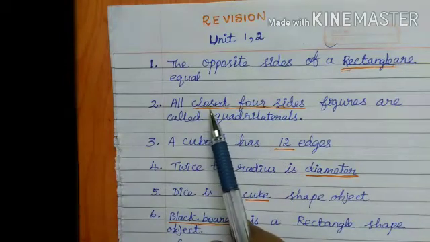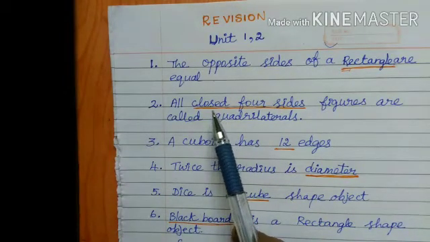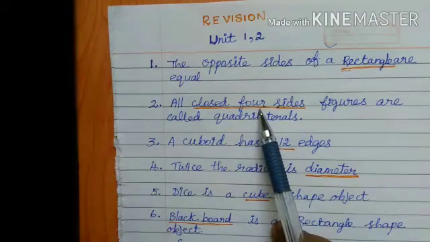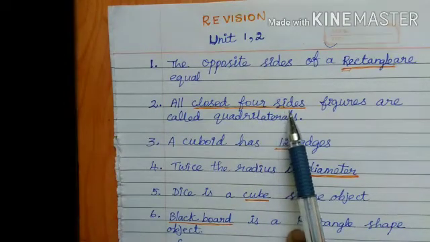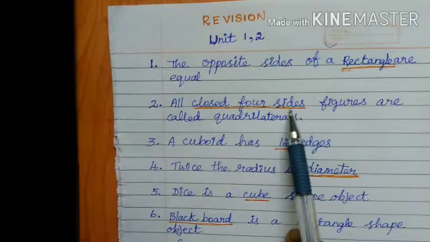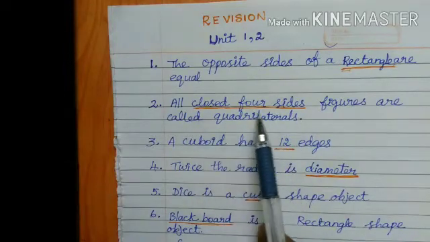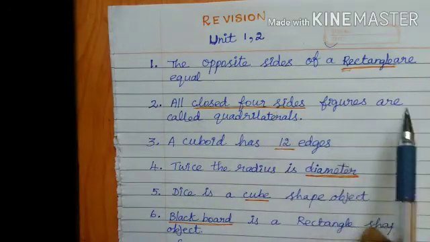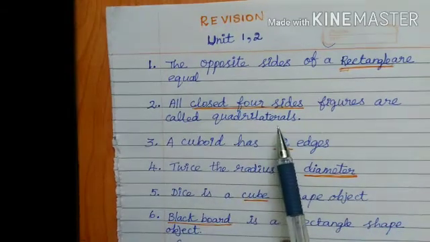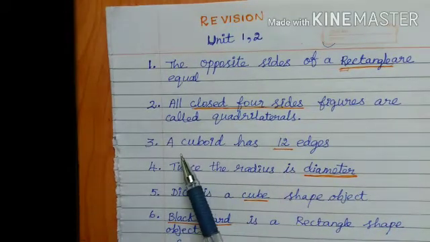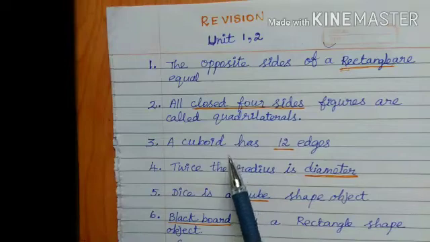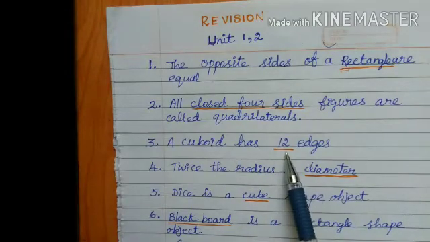Closed, C-L-O-S-E-D. Four, F-O-U-R. Sides, S-I-D-E-S. All closed four-sided figures are called quadrilaterals. Then third one. A cuboid has how many edges? 12 edges.